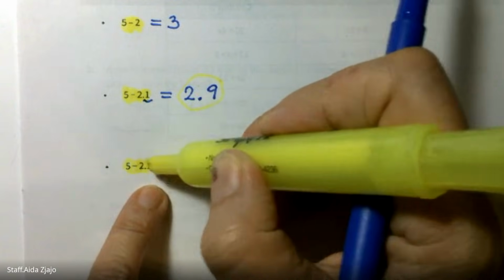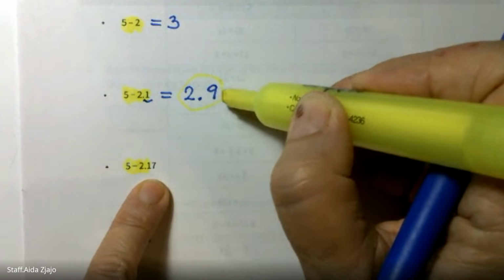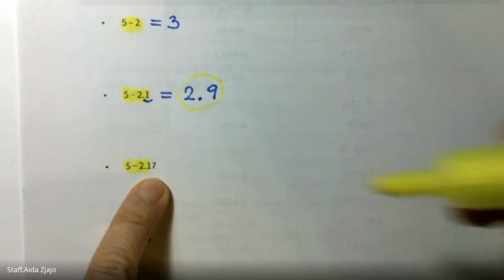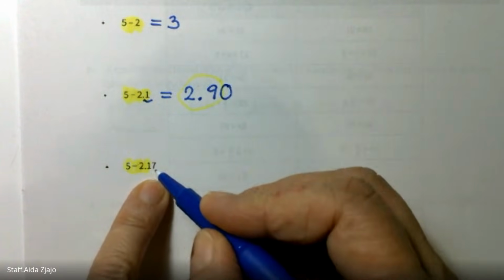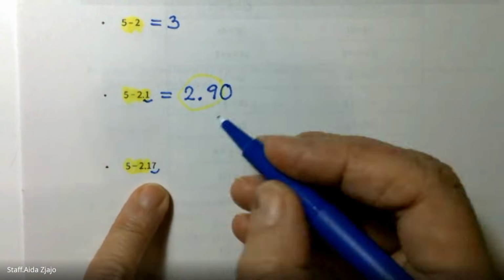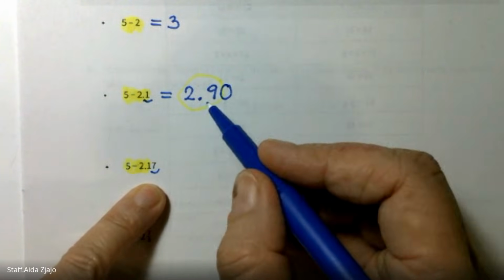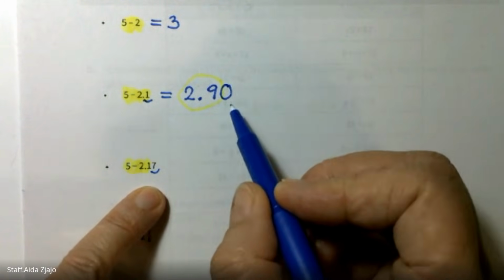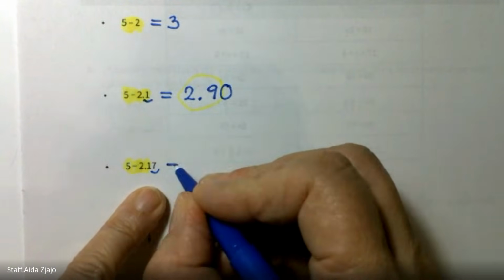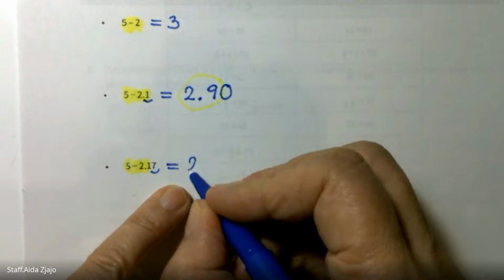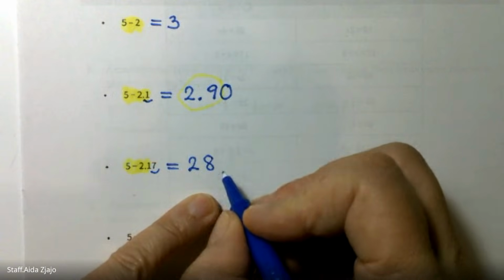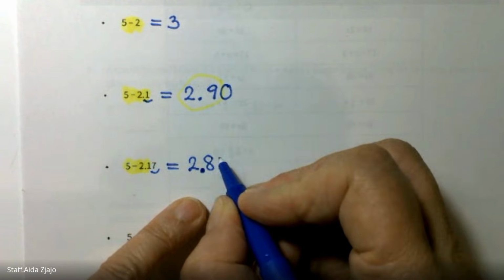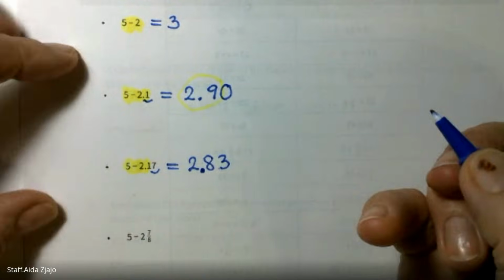So from 2 and 9/10, or 90 hundredths, take 700s out. So 2 and 90 hundredths minus 700 will equal 2 and 83 hundredths. 2 wholes and 83 hundredths.